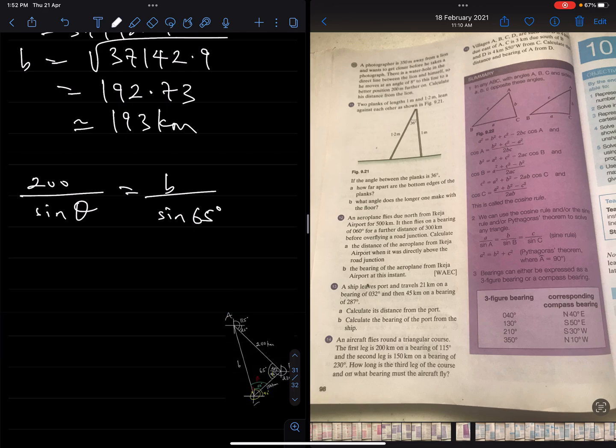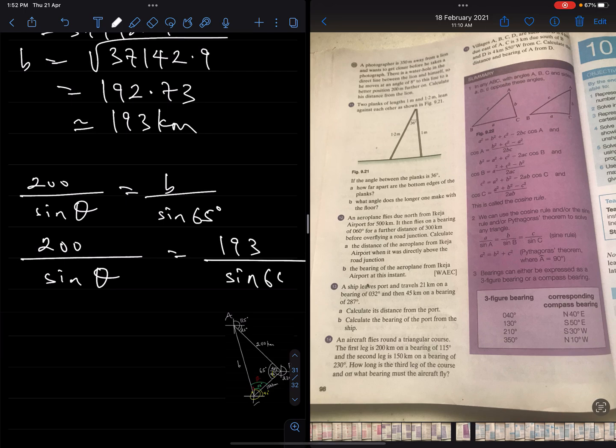And that simply means 200 over sine theta equals b, which is approximately 193, over sine 65 degrees.